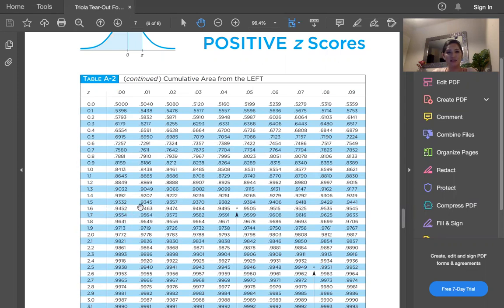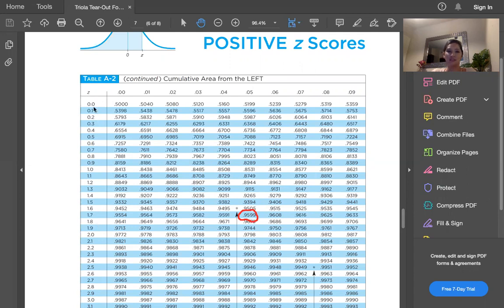That's the area to the left of 1.71, area to the left of 1.72, and so on. 1.73, 1.74, 1.75. So the area to the left of 1.75 is that value right there. It looks like the area to the left of 1.75 is 0.9599.